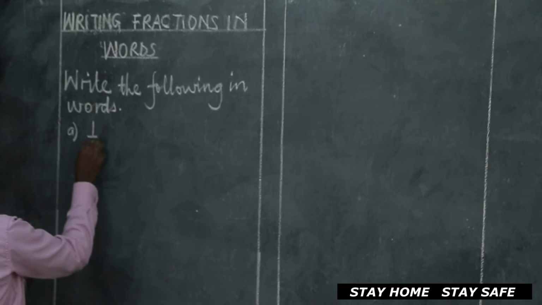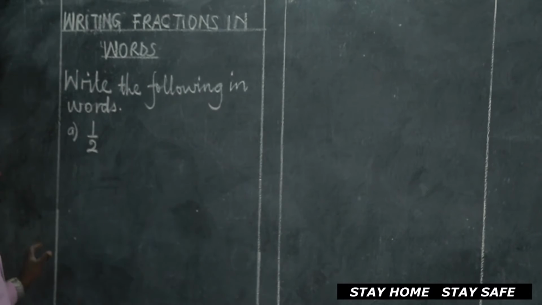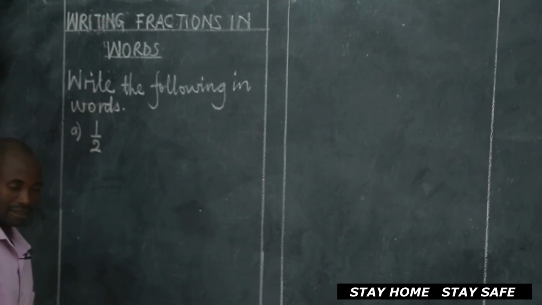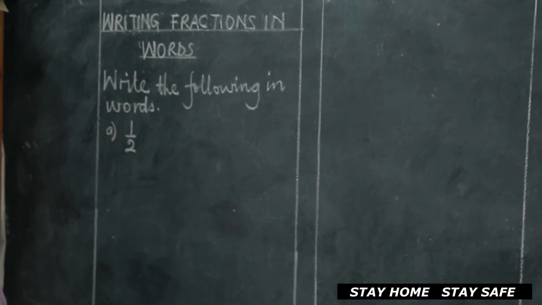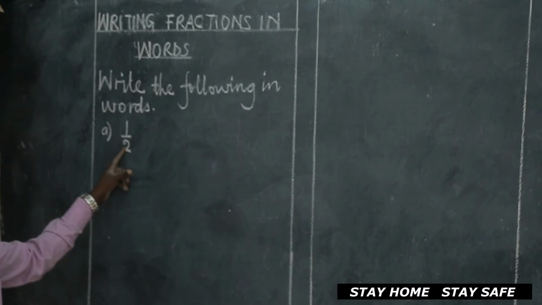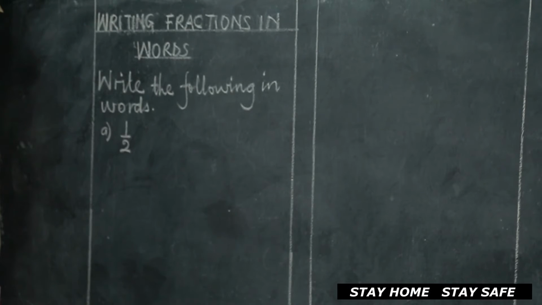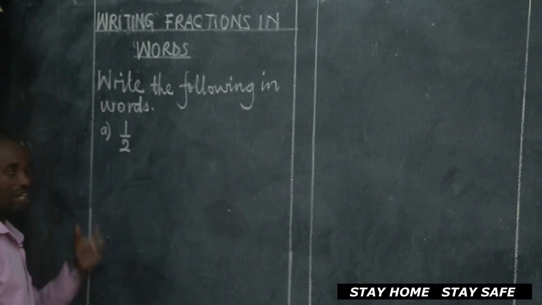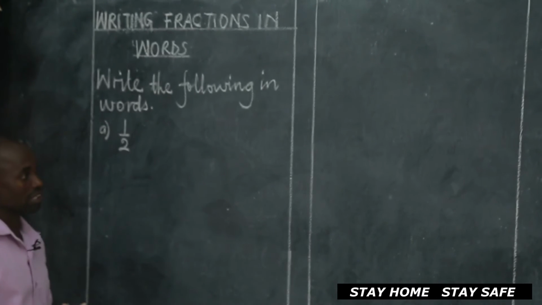I may give you this one. In speech, this one can be read as 1 out of 2. But when we are writing in words, we don't write that. You have started asking, now teacher, what do we write? I'm going to teach you today.